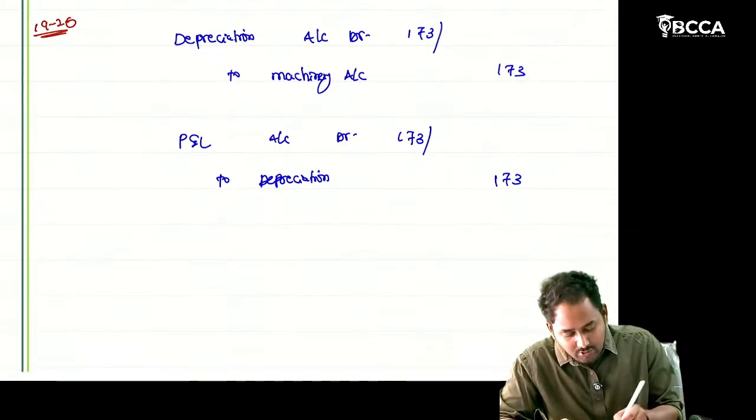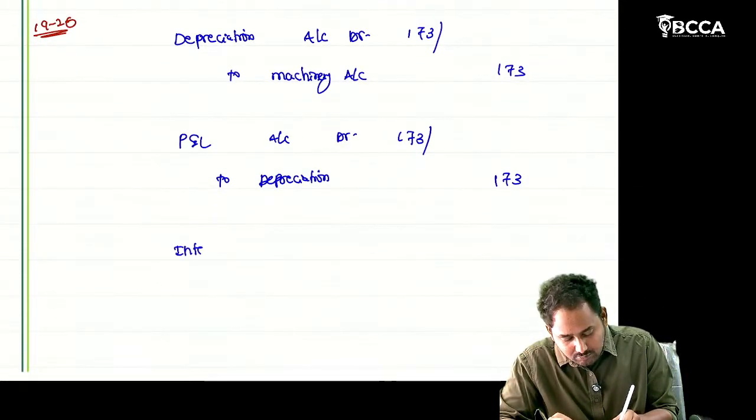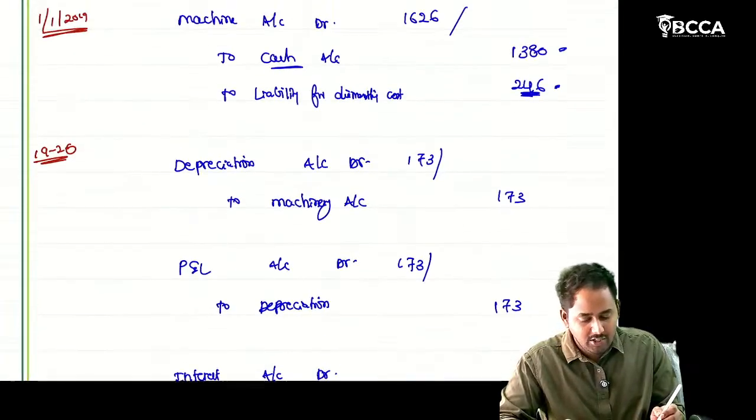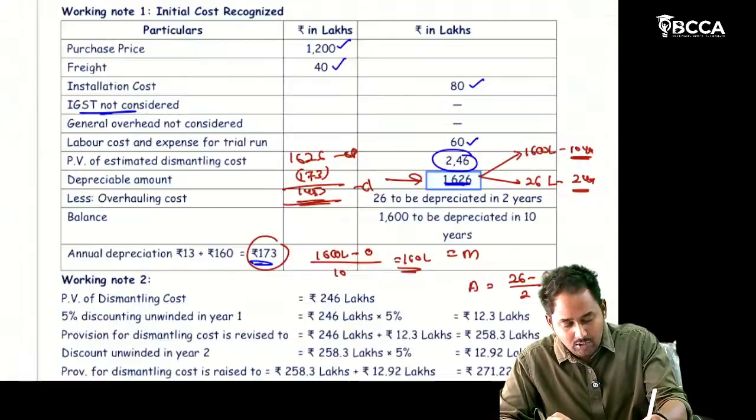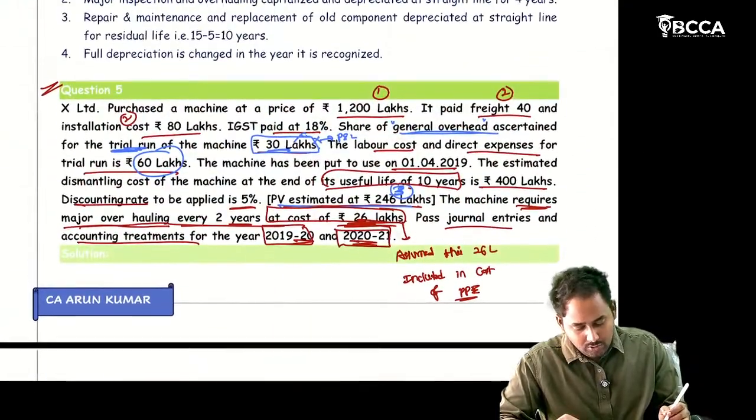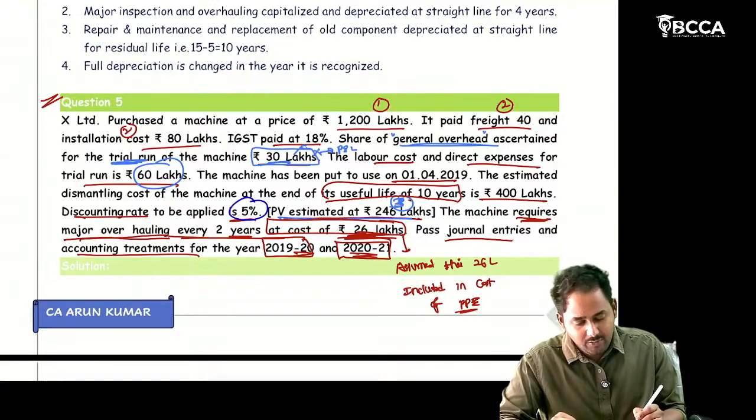Interest account debit to liability for dismantling cost. What is the interest amount? So let's see, what is the discounting factor? 5%.